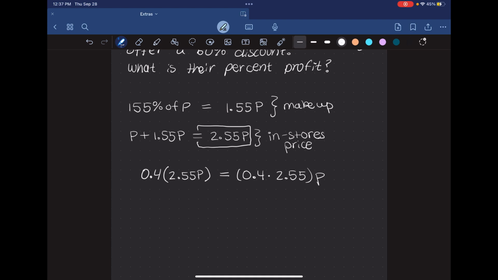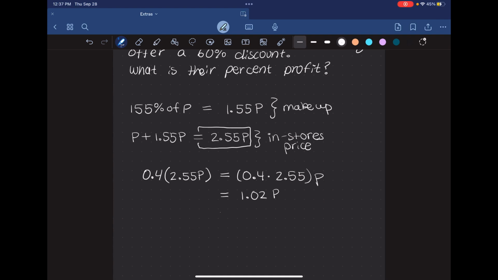So when I do that multiplication, I end up getting 1.02P. So then this would be a 2% profit for the merchant, because 1.02P is like P plus 0.02P, which is 2% of P.